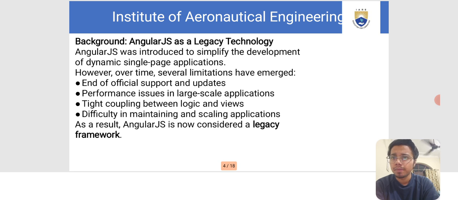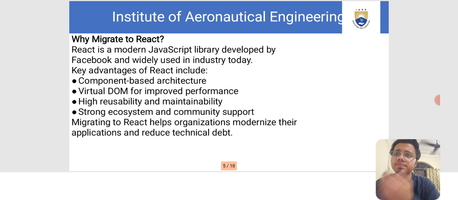However, over time, several limitations have emerged: end of official support and updates, performance issues in large-scale applications, tight coupling between logic and view, and difficulty in maintaining and scaling applications. As a result, AngularJS is now considered a legacy framework.